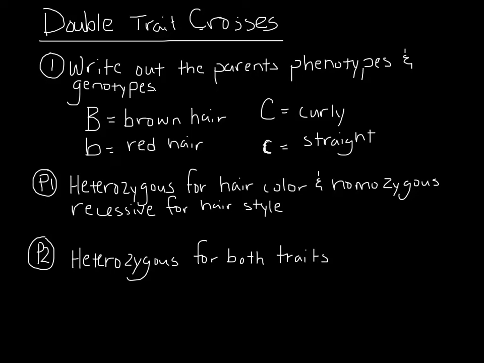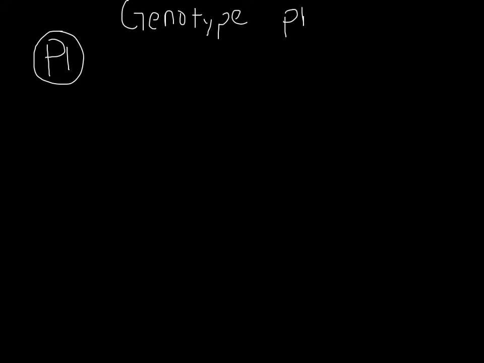Let's go ahead and add a slide here. We'll do it on a new slide. Okay, so here we're going to write out the parents' genotypes and phenotypes. Let's do parent 1. The genotype and phenotype for parent 1.